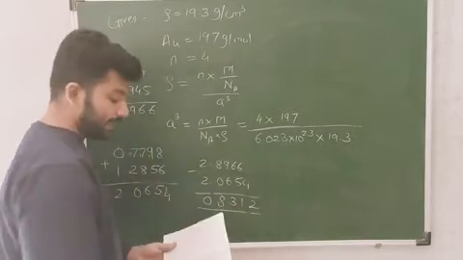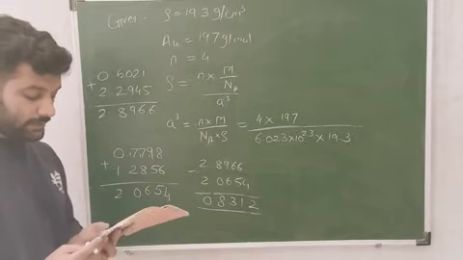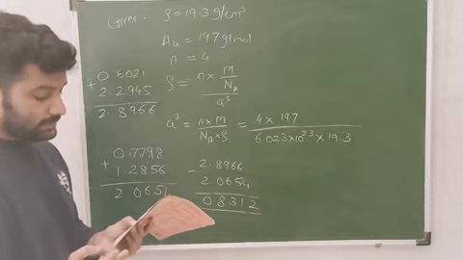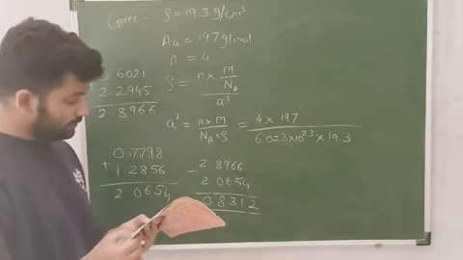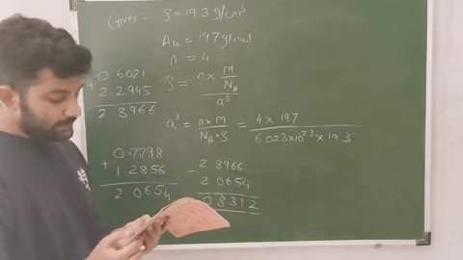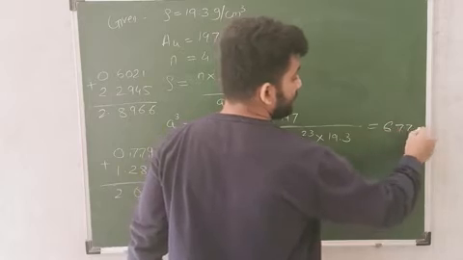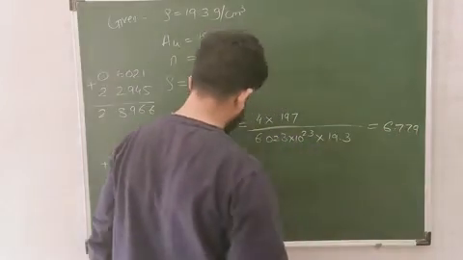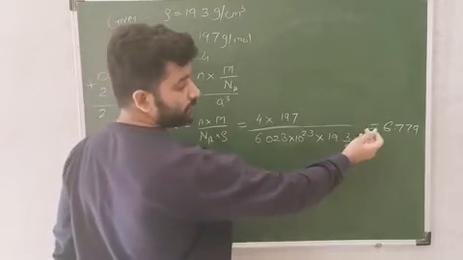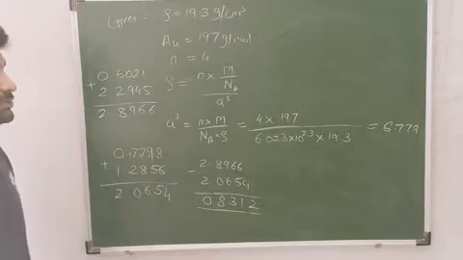So looking at the antilog of 83 in 1 and 2, antilog of 83 in 1 is 6776, so it is 6779. So the answer is 6.779, because we are having 0 over here, so 0 plus 1 is 1. So after one digit we will put a point. Now this answer is in terms of a cube.